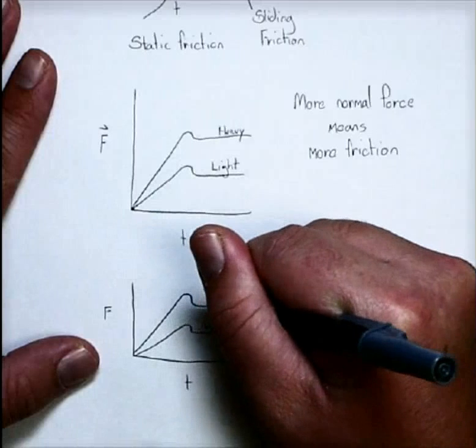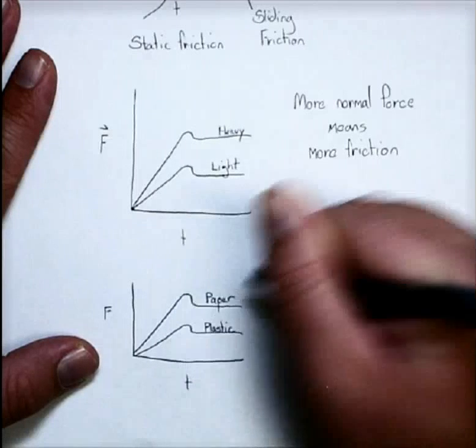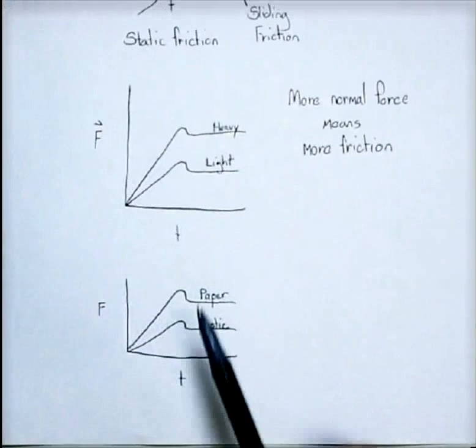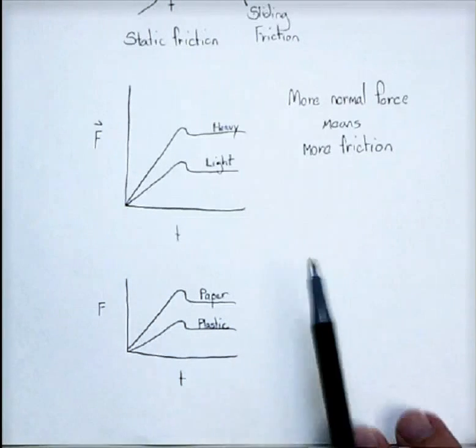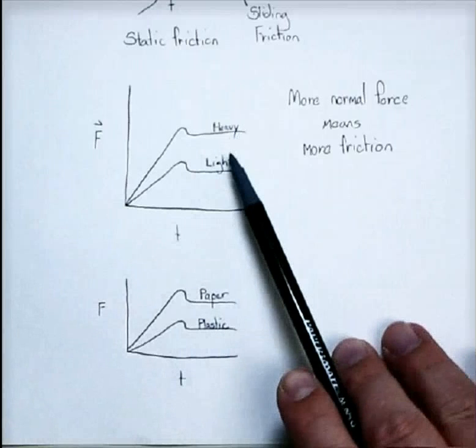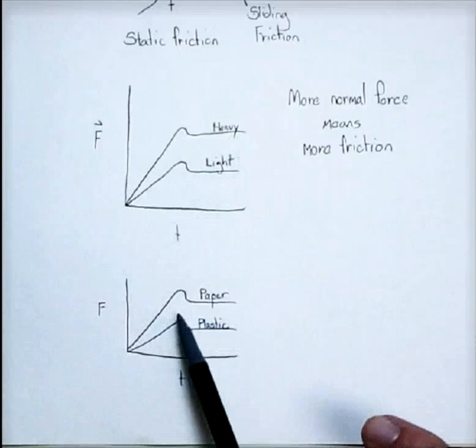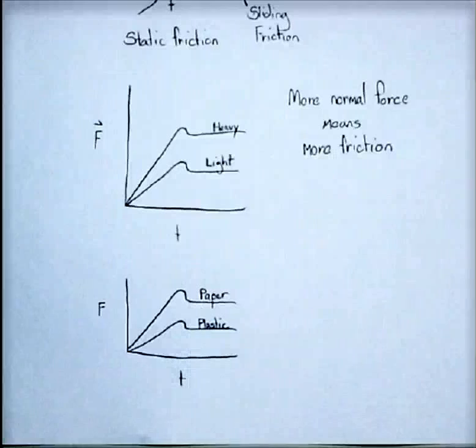And then this is when you slid it across with paper. So notice that the paper generated more friction than the plastic did. Now the reason for this is not only does friction depend on the normal force involved, it depends on the type of surface as well.